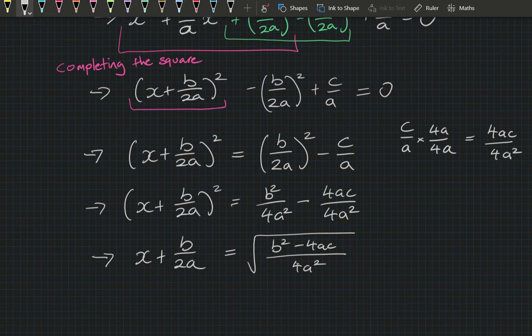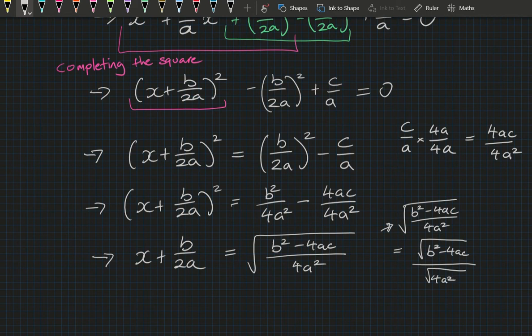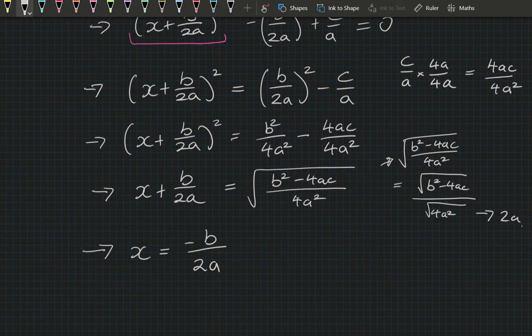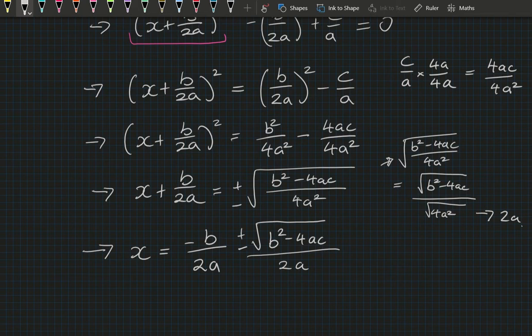And just as another little side note, let's not forget that the square root of b squared minus 4ac on 4a squared is equal to the square root of the numerator divided by the square root of the denominator. And the square root of 4a squared is just 2a, right? So now if I subtract b on 2a across, I can fix up the square root on the bottom as well. And look, I've made a little bit of an error along the way here. I should have had a plus and minus for that square root, of course.